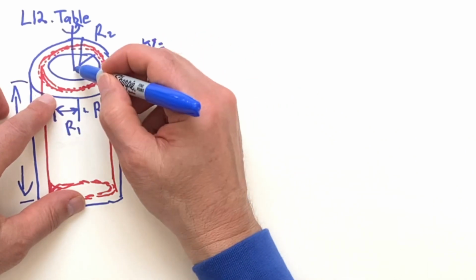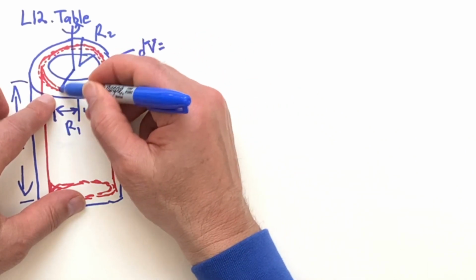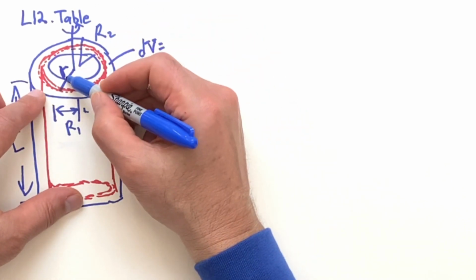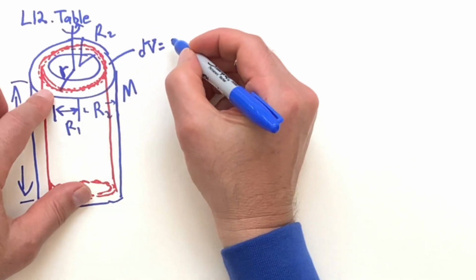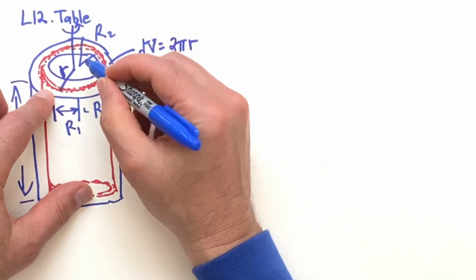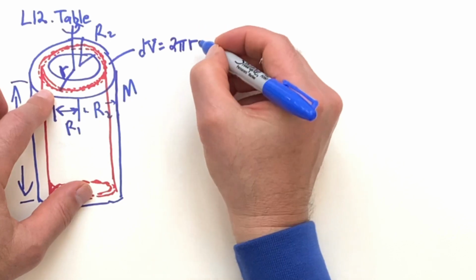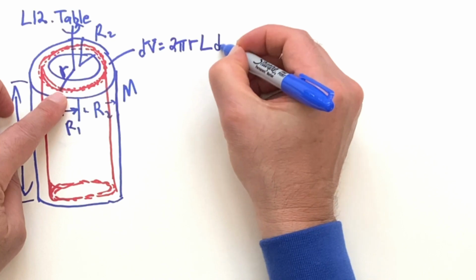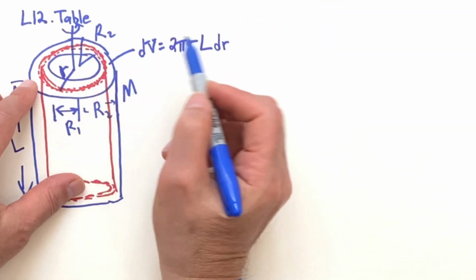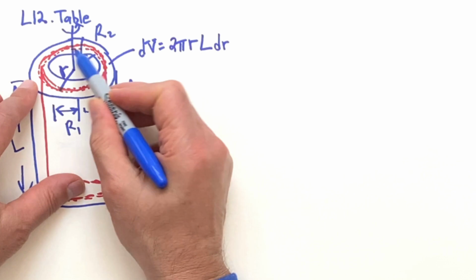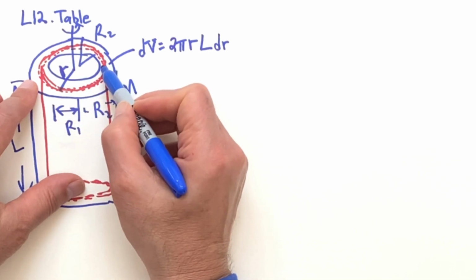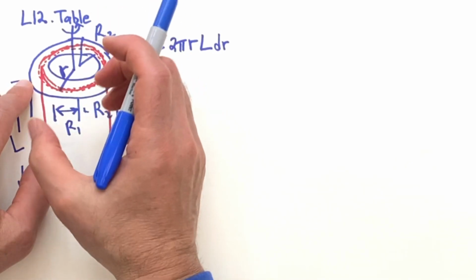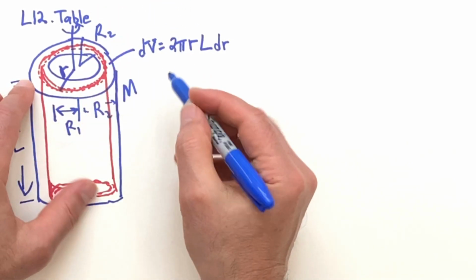This is at a distance little r, where little r goes from R1, the inner, to R2, the outer. So this is 2 pi r to get you your circumference, times L for the length, and a little thickness, dr. We have our 3 dimensions, and all of those little rings go all the way down to the bottom.